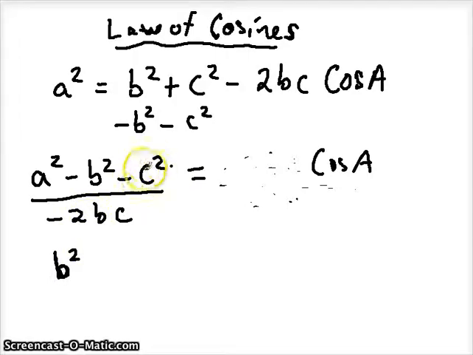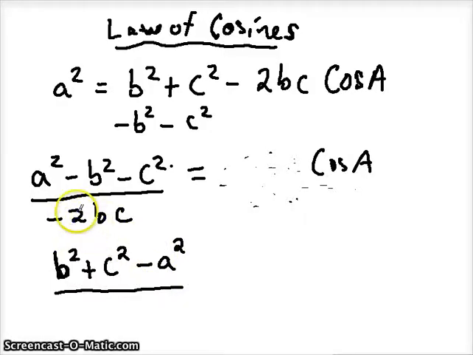I'm going to take negative c squared and divide that by negative 1, and that gives me a positive c squared. But because this a squared was already positive, and I divide it by a negative, now it becomes a negative a squared. And on the bottom, I multiply by negative 1, and that becomes positive 2bc. So now everything is in more positive terms here.